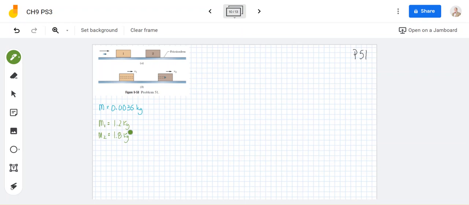The blocks end up with speeds v1. So after it passes through, speed 1 is 0.63 meters per second. And v2 ends up with a speed of 1.4 meters per second. Neglecting any material moved from the block, find out the speeds as it leaves and enters block 1.